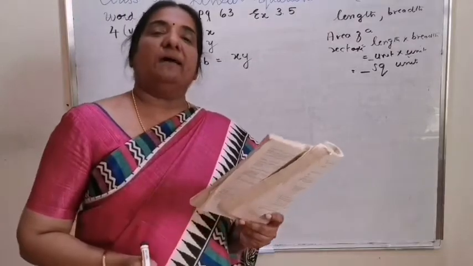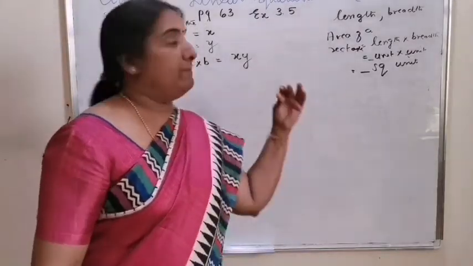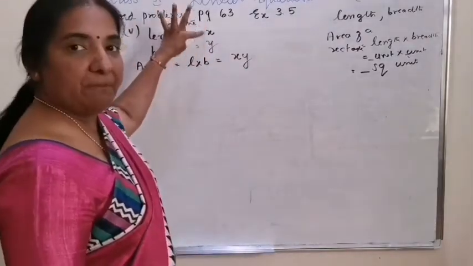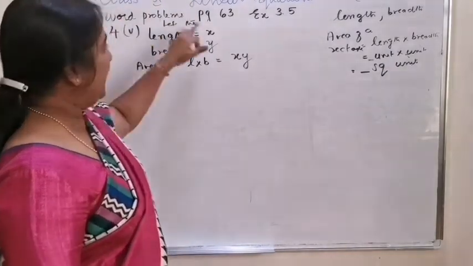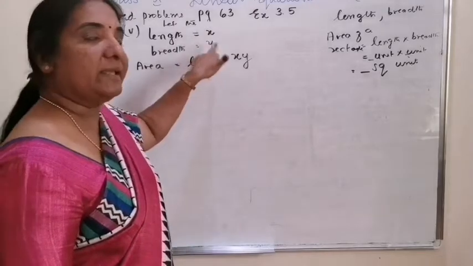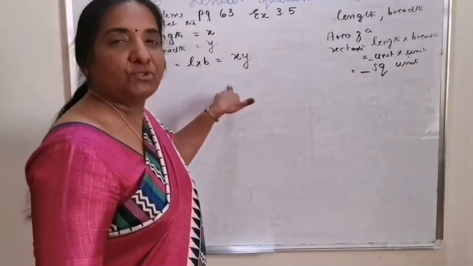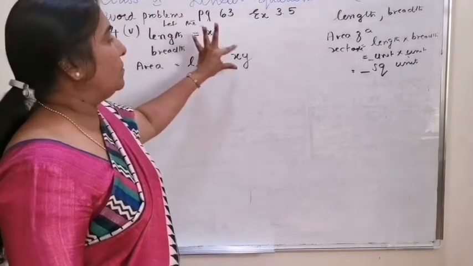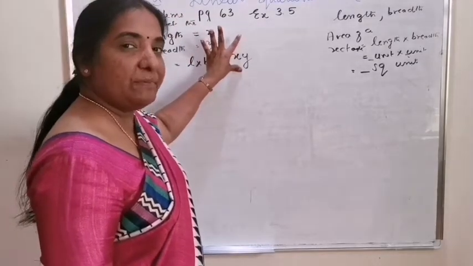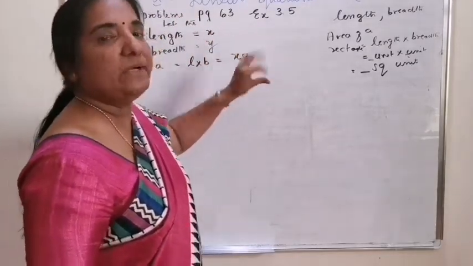Now, what are the changes in the measures of length, breadth, and the change in the area? If the length is x, breadth is y, the area is xy. So if the length is changed, breadth is changed, automatically the area also will be changed from this particular quantity.